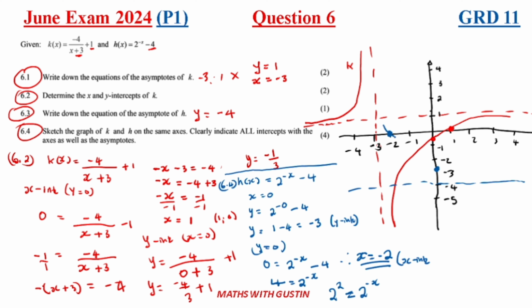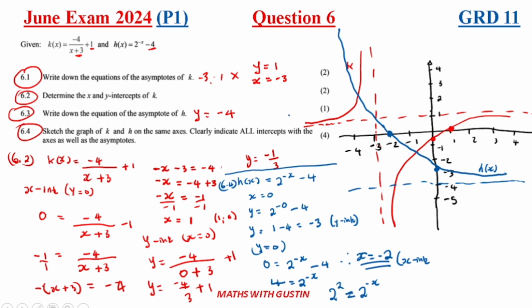From one intercept to the other one, then it curves like that, then it goes all the way up like that. So this is our function for h of x. This was k of x, and our graph is looking like that, guys. Then you're going to get your full marks, 4 marks.